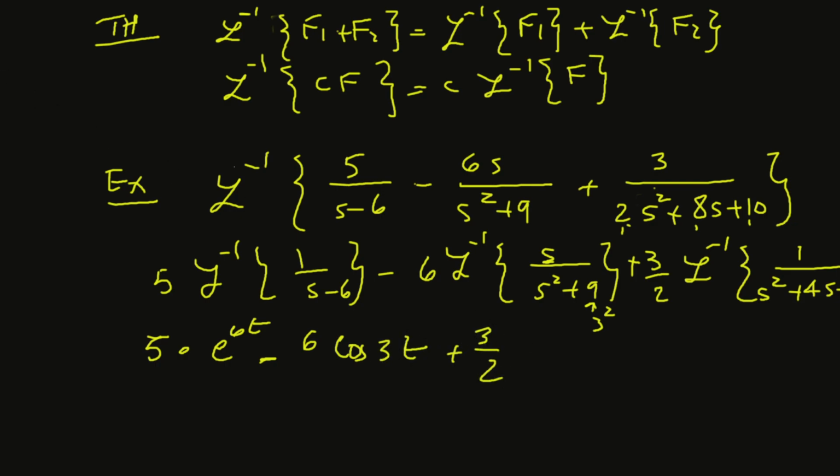Alright, now what's going on with this? To know what it is, we have to use complete the square again. That's why I did that previous example. So 4 divided by 2 squared will give us plus 4, which means you will have s plus 2 times s plus 2.